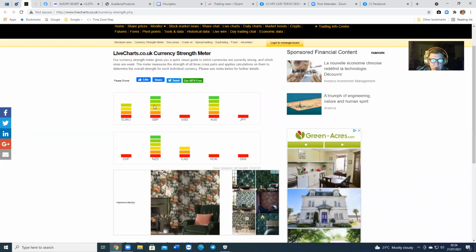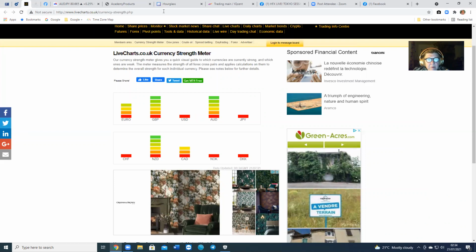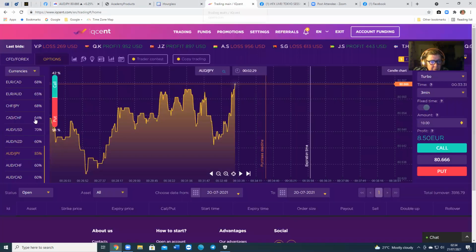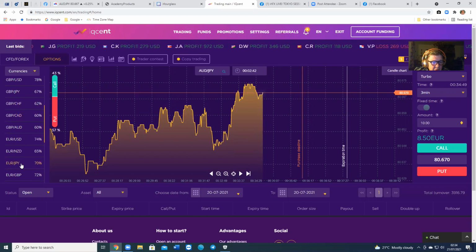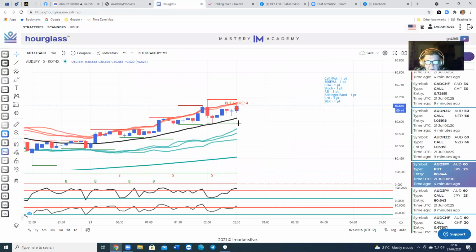I could trade GJ for a call, depending on what the payout is, or Euro. So we'll see what I'd rather stick with. GJ is 67 and Euro JPY is 70. So I might turn and look at that instead, because I can't catch the trade on this.